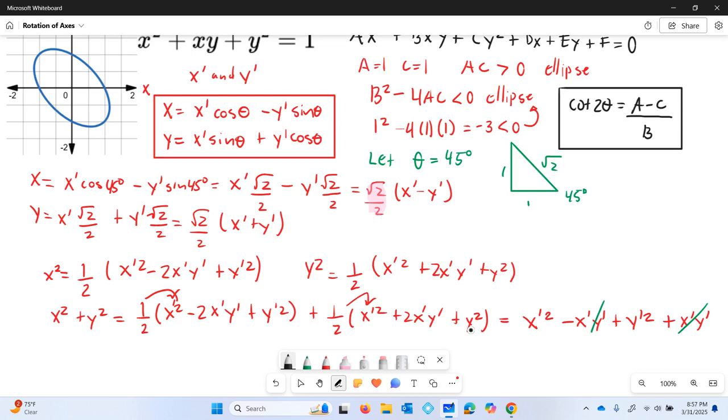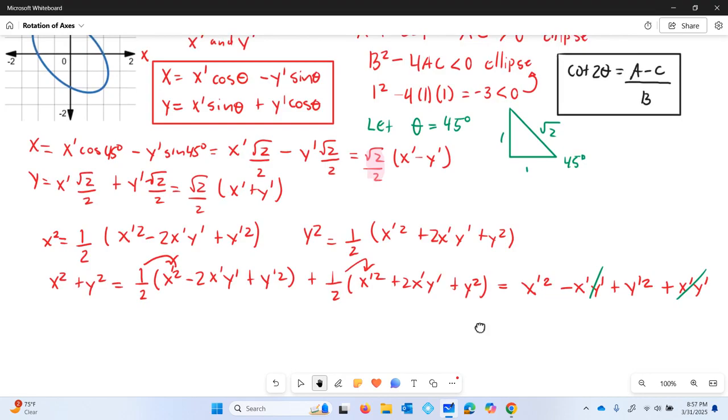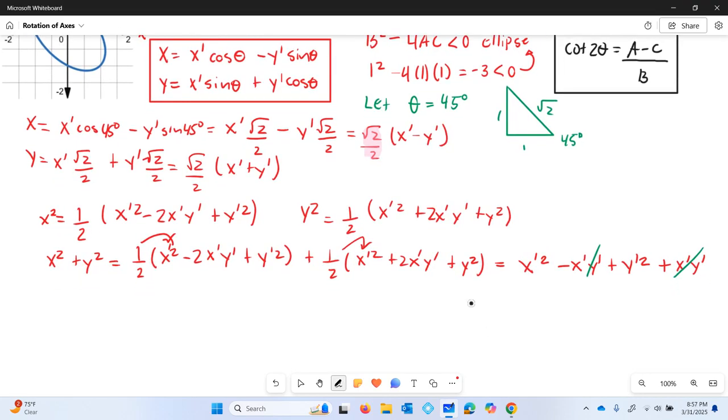Okay. Now, moving forward, this portion over here is x prime squared plus y prime squared. Now, for xy, it's going to look like this.